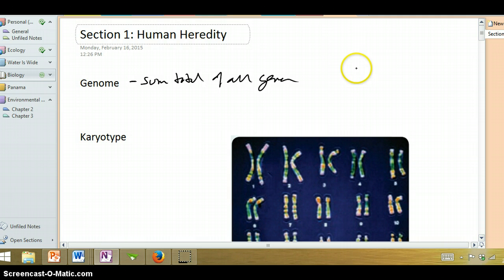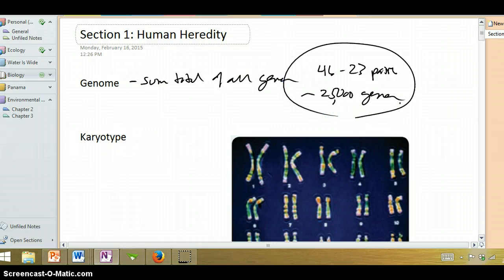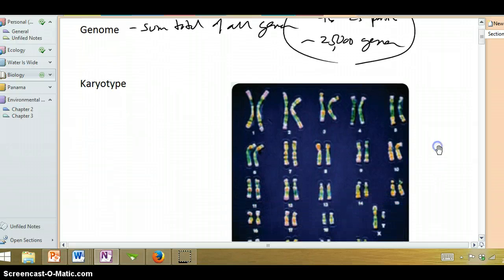So, for example, in humans, we have 46 chromosomes in 23 pairs, with 2 copies of each chromosome and 2 copies of each gene, essentially, and we have approximately 25,000 genes in our genome. That makes up the whole genome, and of course, the number of genes will vary between different species, and the number of chromosomes as well.